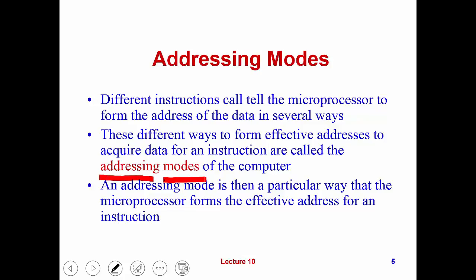So we have the effective address, where our real data is located, and different instructions form the effective address in different ways. We simply say an address mode is a particular way that the microprocessor forms an effective address for an instruction to acquire data, which is necessary for the instruction.